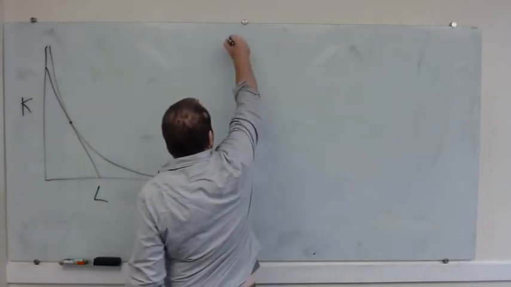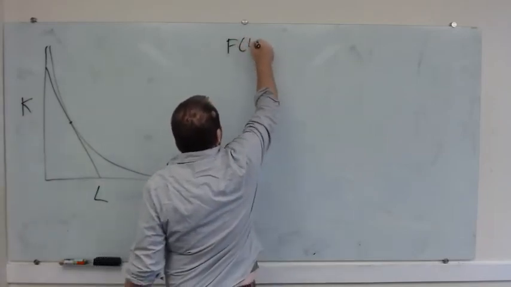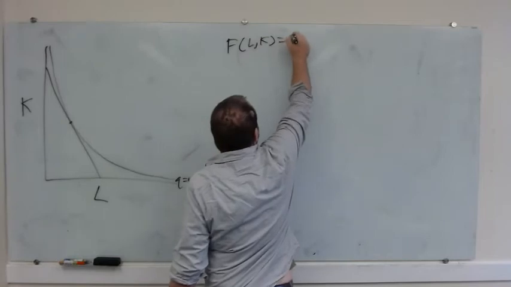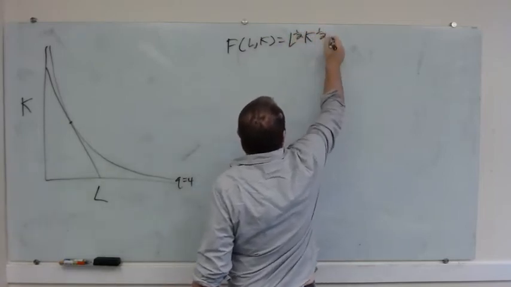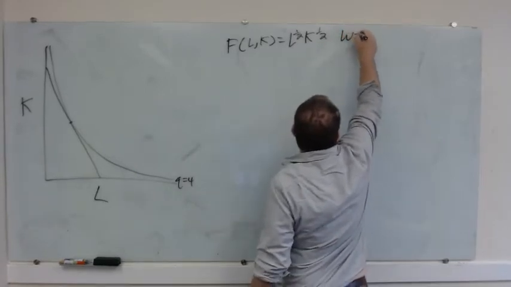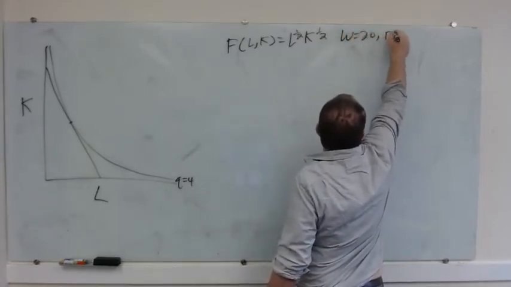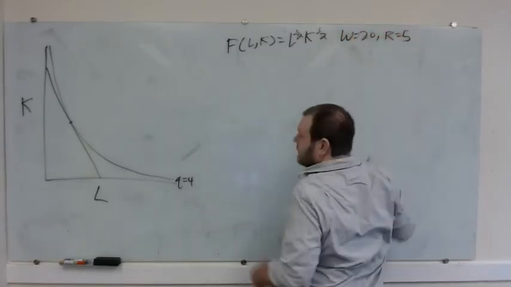We had the production function f(L,K) equals L to the 1/2 times K to the 1/2. We had a wage rate of 20. We had a rental rate of 5.